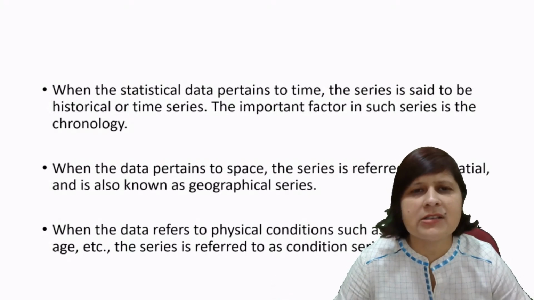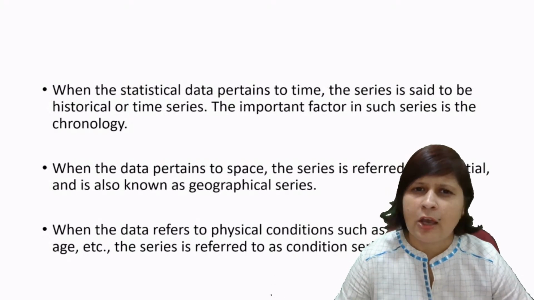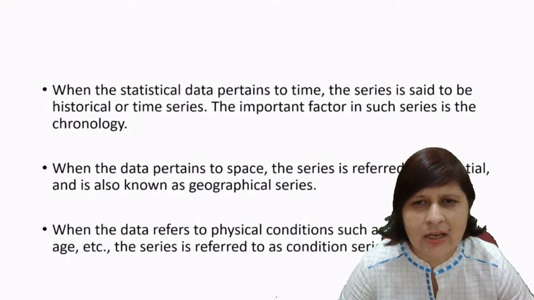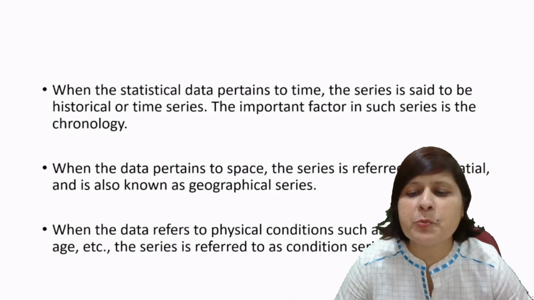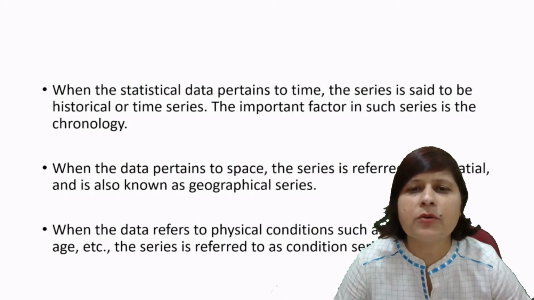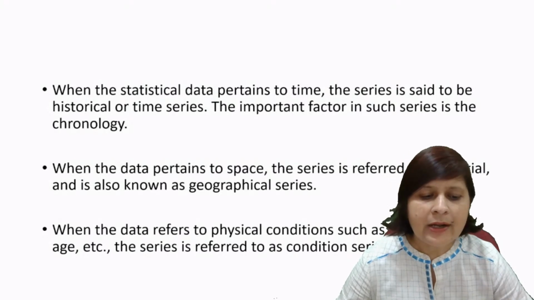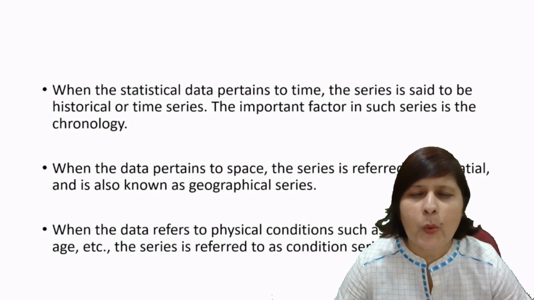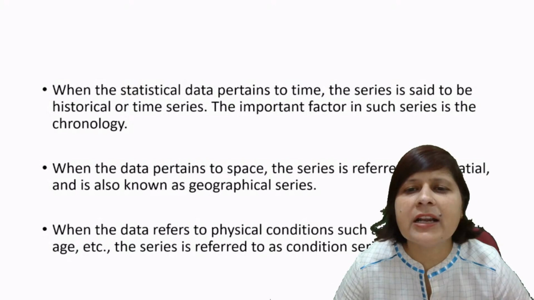The important factor in such a series is chronology. When the data pertains to space, the series is referred to as spatial, also known as geographical series. And when data refers to physical conditions such as height, weight, age, etc., then this is referred to as condition series.